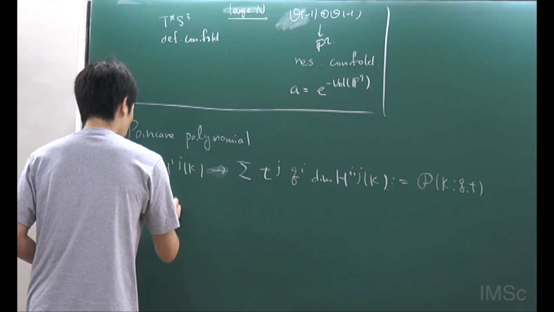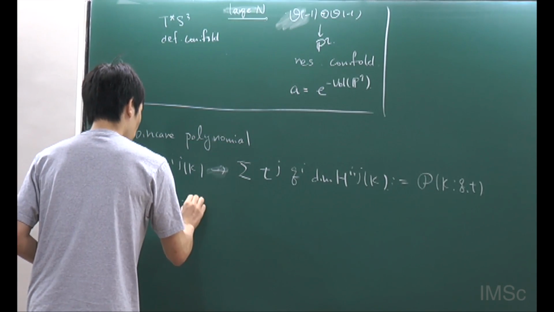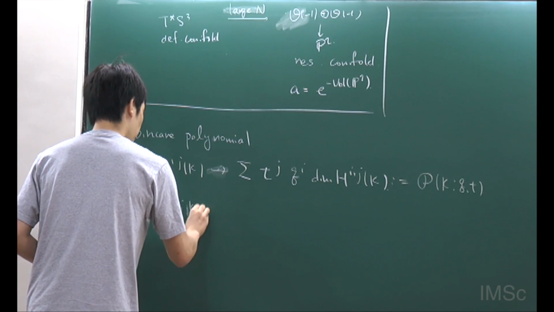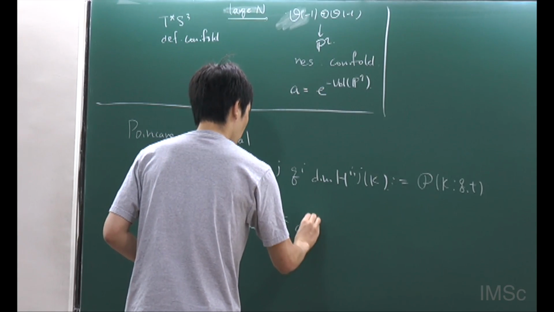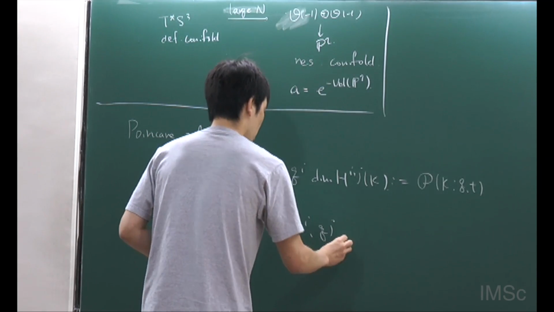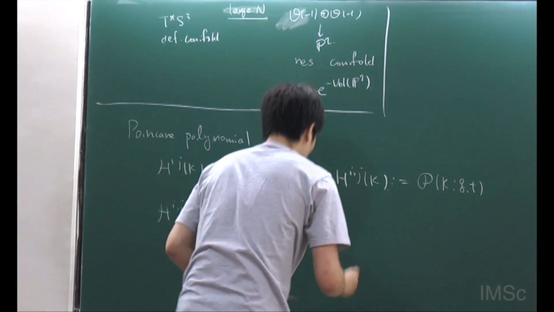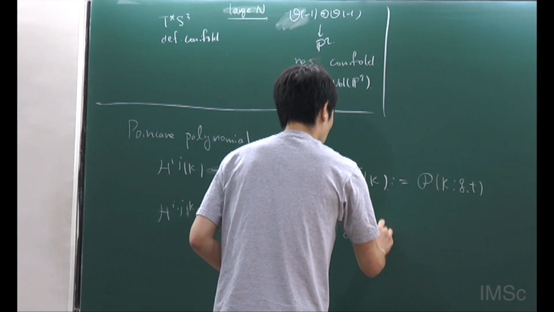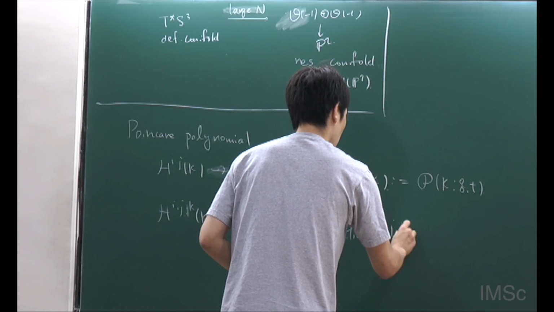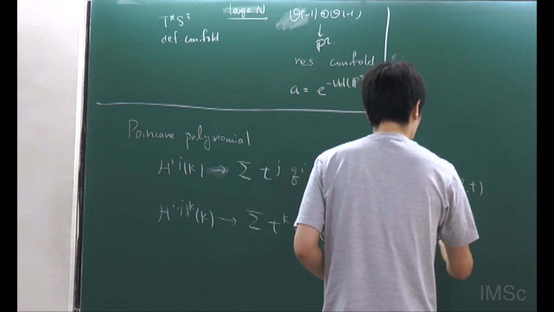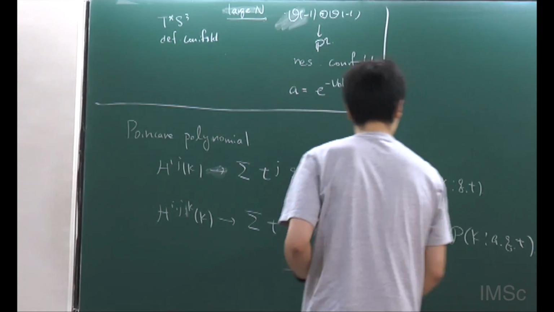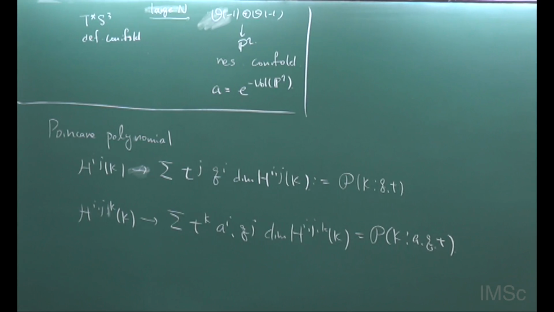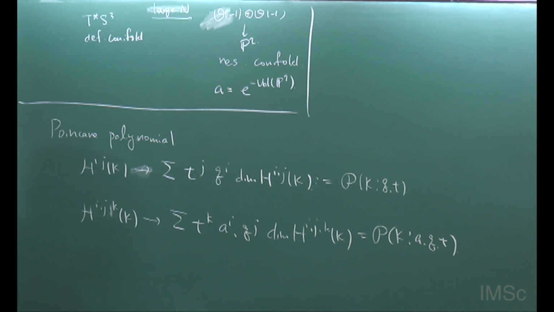Similarly, if you have a triple graded homology, you can assign a^i q^j t^k times the dimension of H_ijk, like this.